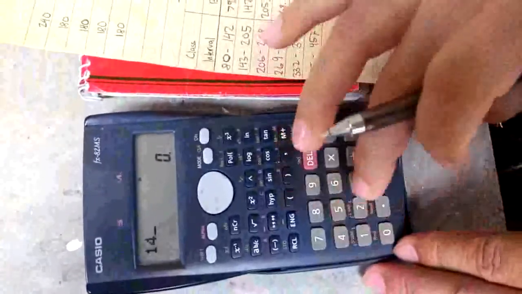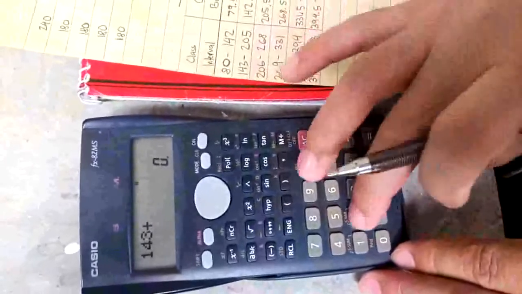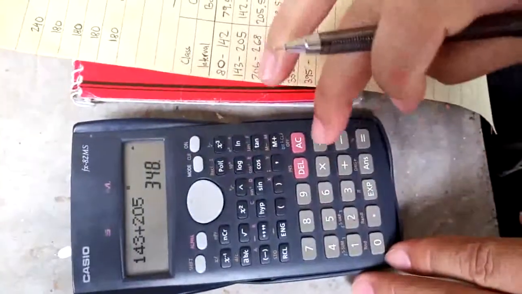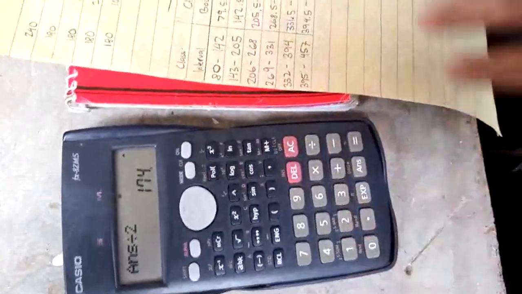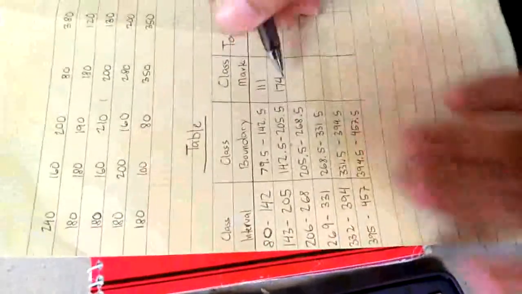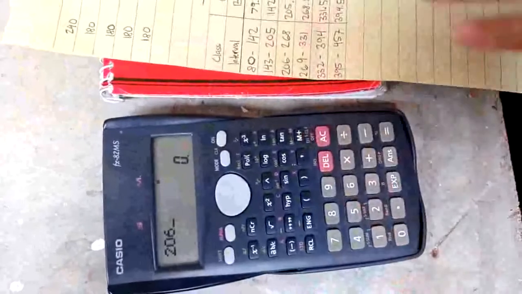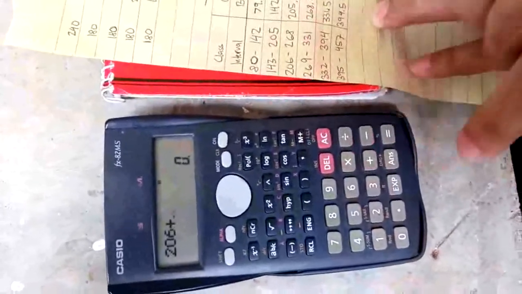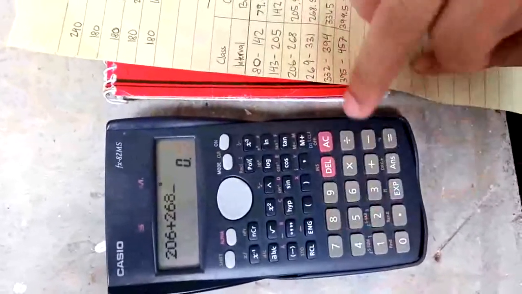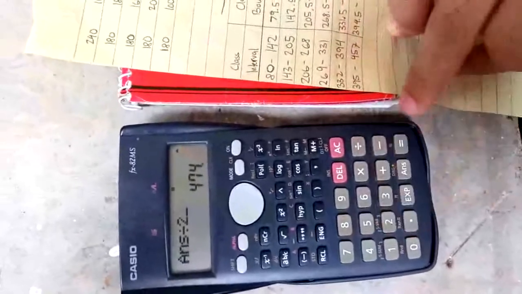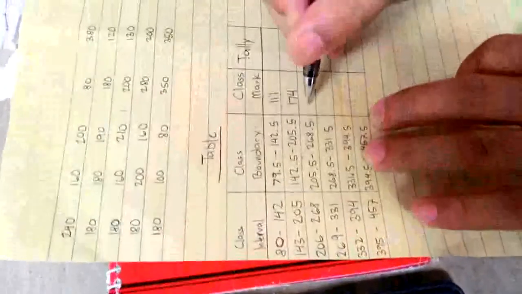The same process, 143 plus 205 equals, then divide by 2, 174. The same process, 206 plus 268 equals, then divide by 2, so the answer is 237.